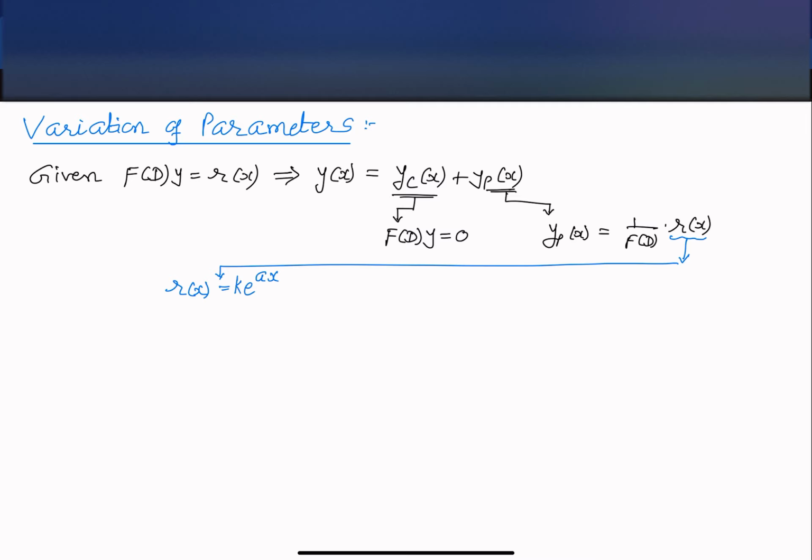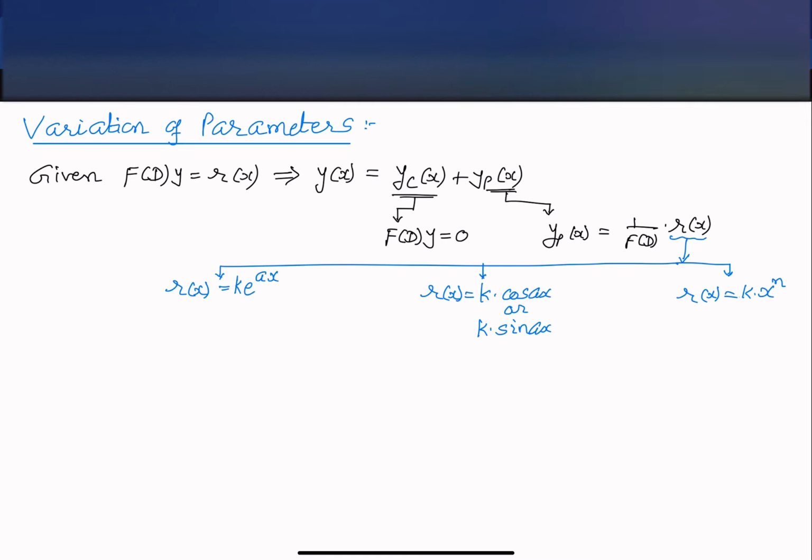Another one is, suppose R(x) is equal to k into either cos ax or k into sin ax. And in the third case, suppose R(x) is any polynomial, x raised to n, or I may write it as some constant k into x raised to n.